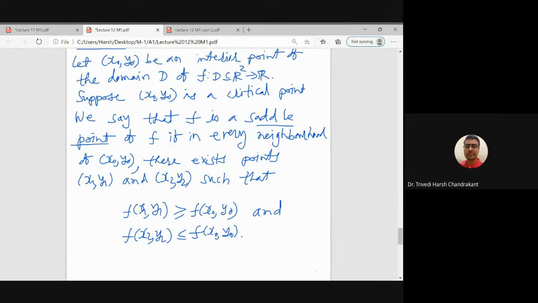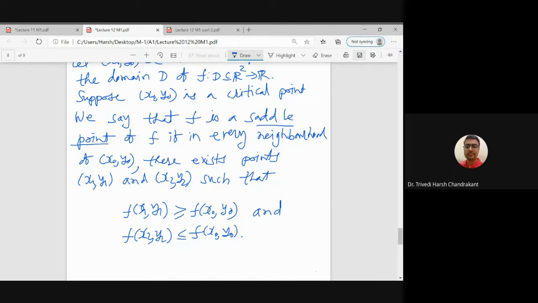Such a point (x0, y0), where for every neighborhood we can find such two points, is known as a saddle point. We will see some examples later on, but as of now this is the requirement.